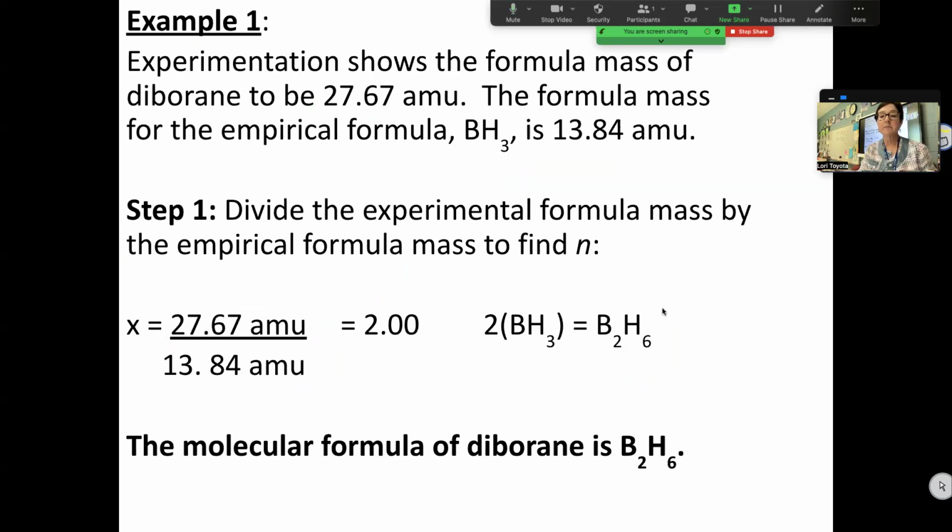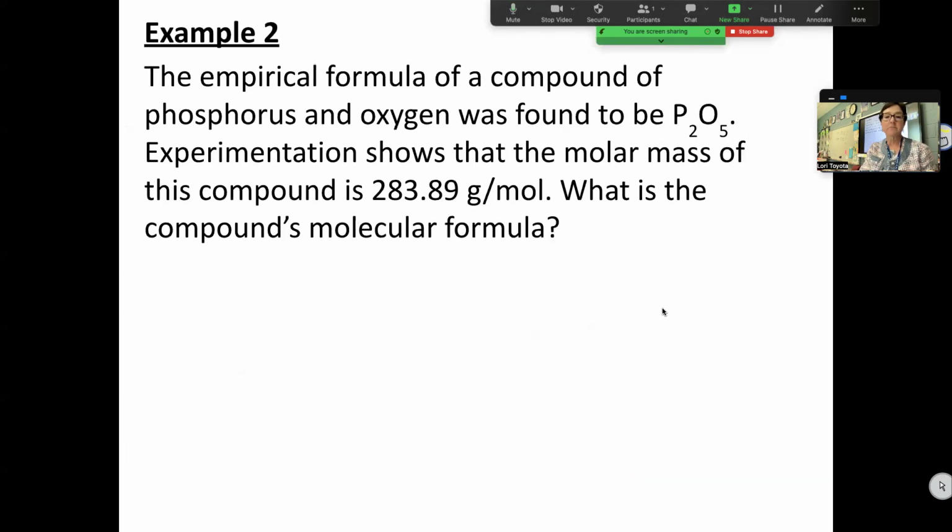All right, let's get the next slide. Here's our example number 2. Let's see what we've got. Empirical formula of phosphorus and oxygen, yay. It was given to you, so you smile. Experimentation, there's your key. What is the compound's molecular formula?